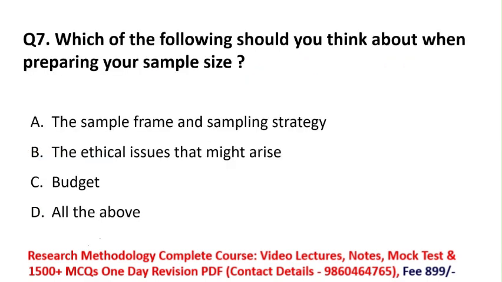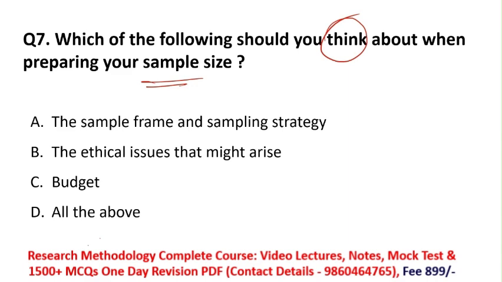Next, which of the following should you think about when you are preparing your sample size? So what they are asking here is, if you are selecting samples for your study, which points or things should you think about? Remember what a sample is and how you collect your sample.